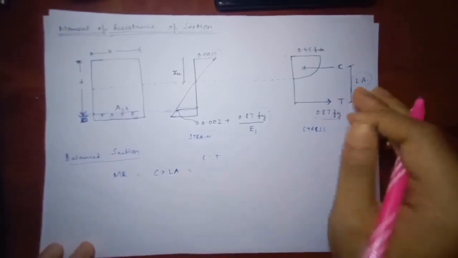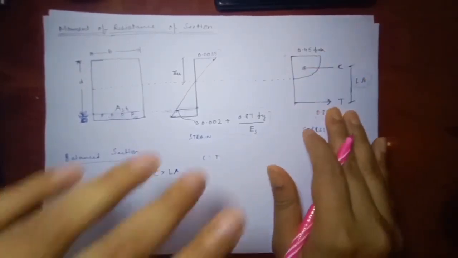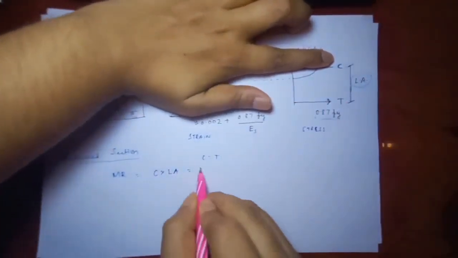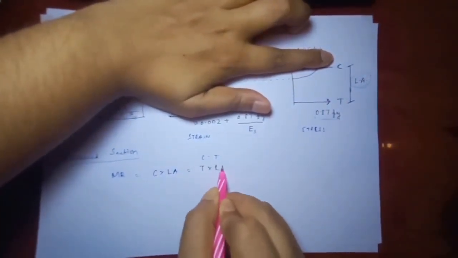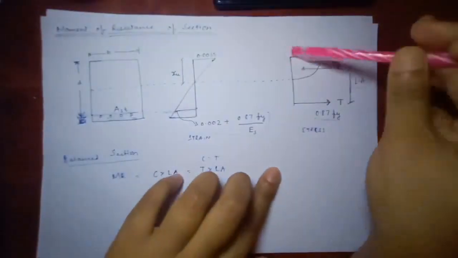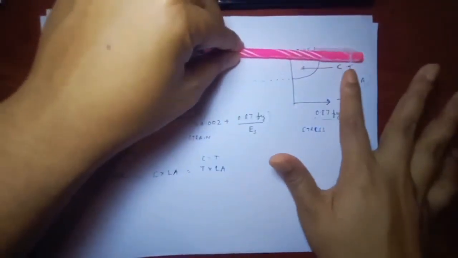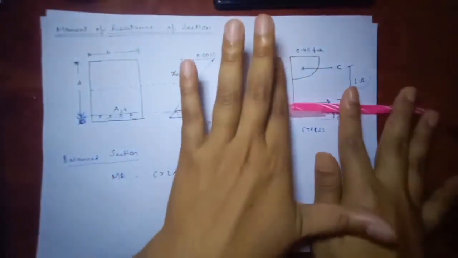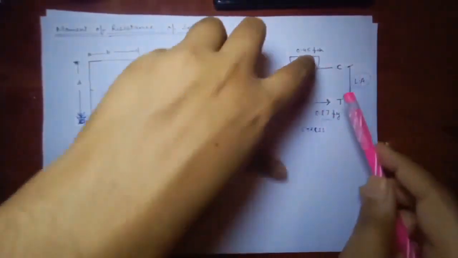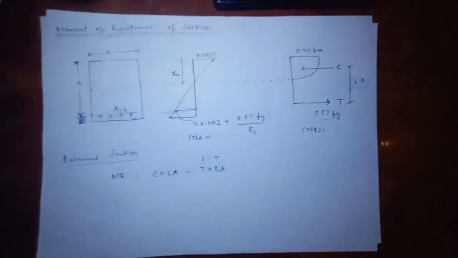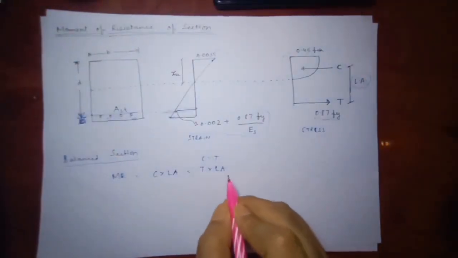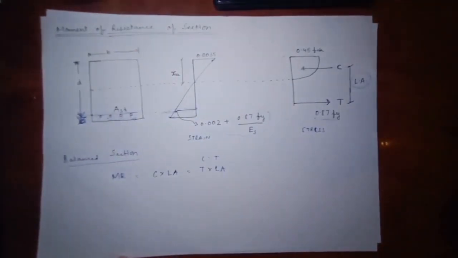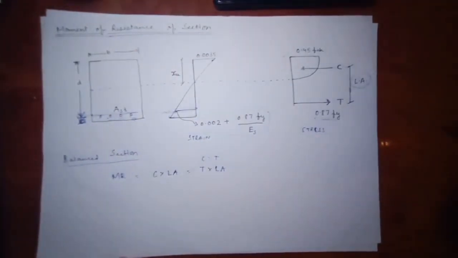In other words, if you are considering this one, it is being rotated about this point, and it is T cross LA. So for this one it is C cross LA, and this is again T cross LA. So MR is equal to C cross LA, and it is also equal to T cross LA. LA is our lever arm.